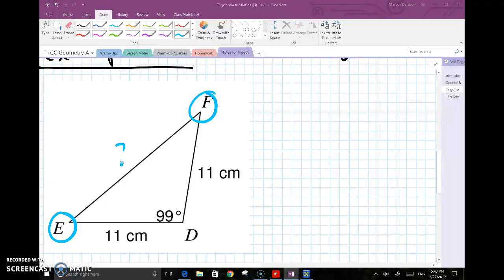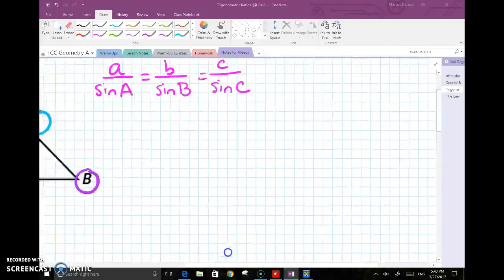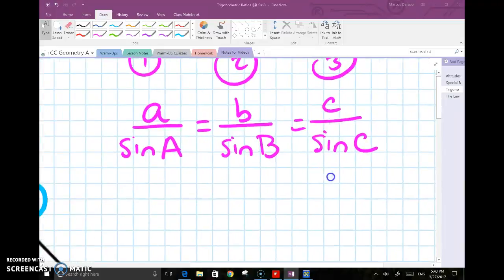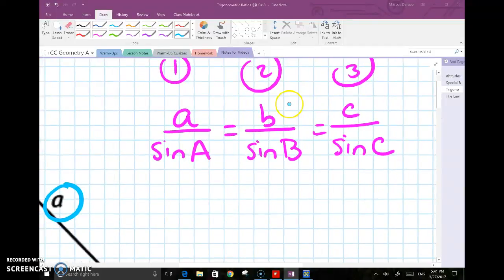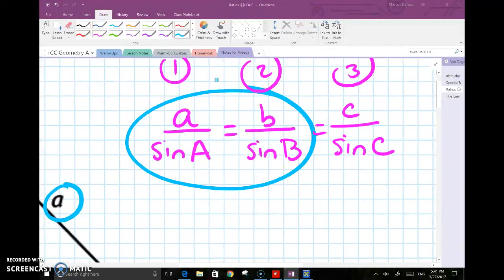Now, it's important to note also, when you're doing the law of sines, because you will be using 2 ratios at a time, for example, these 2, it's important to note that in any proportion, you always need to know 3 out of 4 pieces of information. Because if you look carefully, there are always 4 things given to you. So you have 1 thing there, 1 thing there, 1 thing there, and 1 thing there, right?